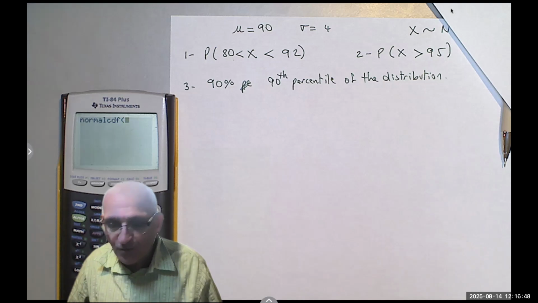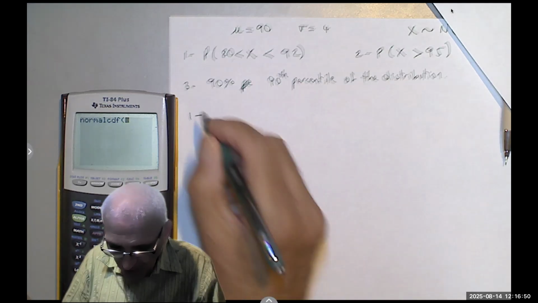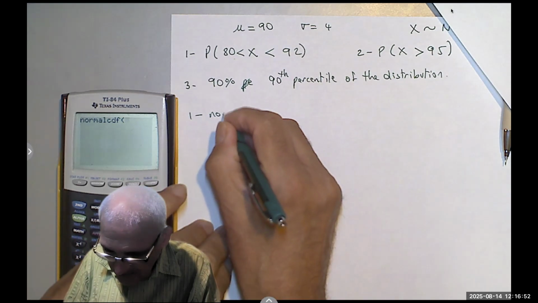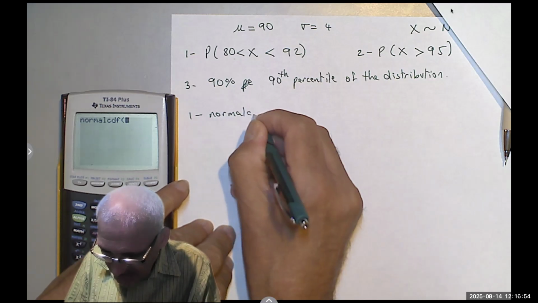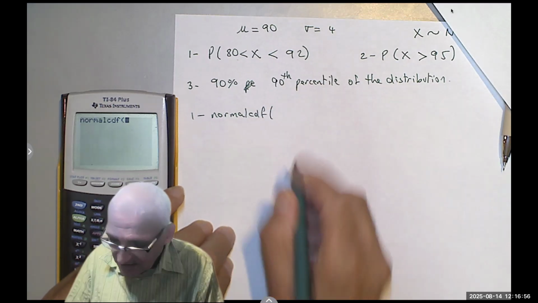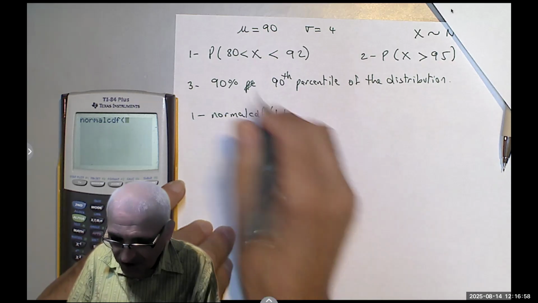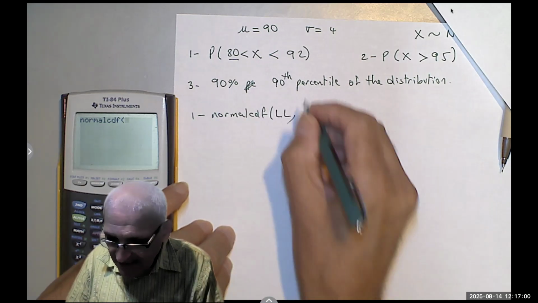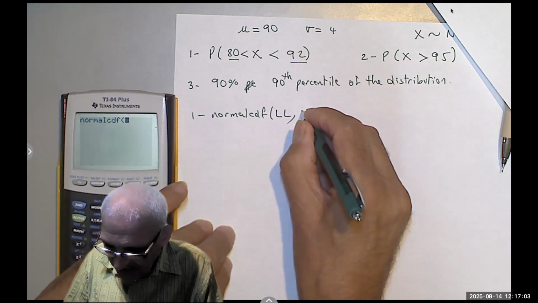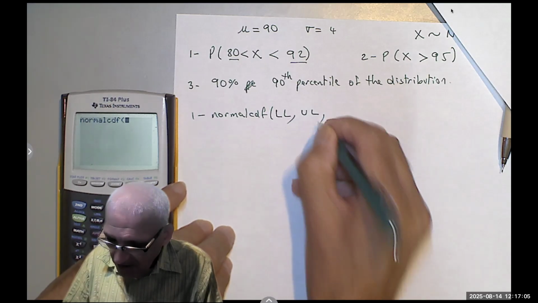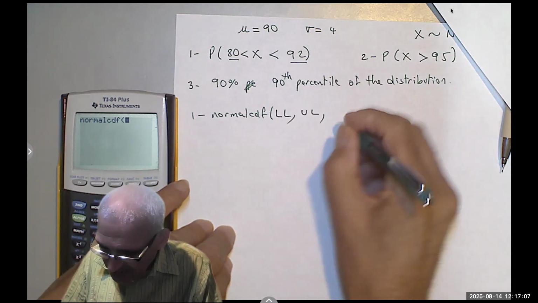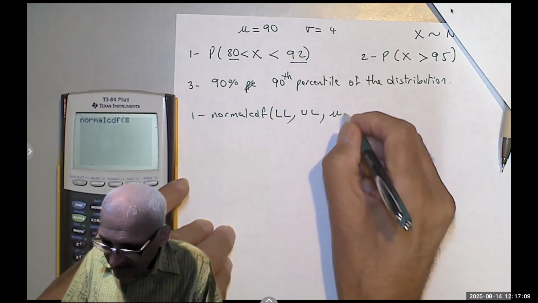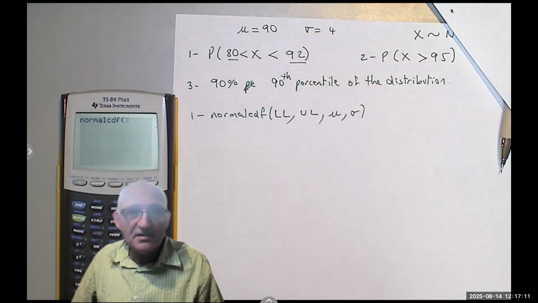It asks me for what? So normal CDF. It asks for the lower limit, which is 80, the upper limit, which is 92, the mean, which is mu, and the standard deviation, which is sigma. It's that simple.